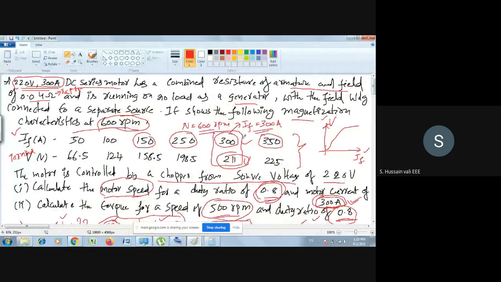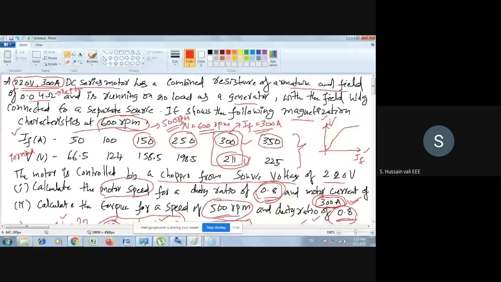So what are the magnetization characteristics at 500 rpm? This is the question. How do the magnetization characteristics change when the speed changes? This we have to know. 5 by 6, 5 by 6.